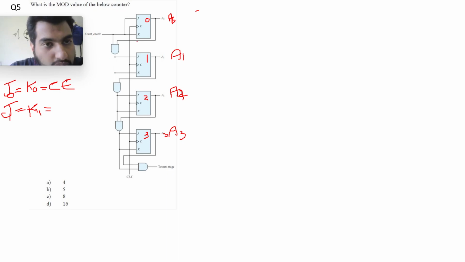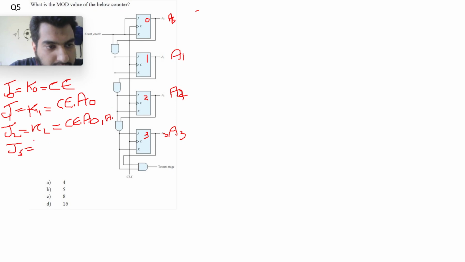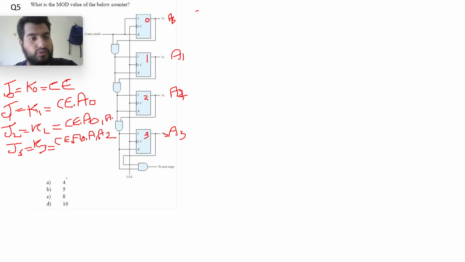This is count enable AND with the output of the first flip-flop, A0. Then J2 equal to K2 is CE AND A0 AND A1. Then J3 equal to K3 is CE AND A0 AND A1 AND A2. So these are my inputs.